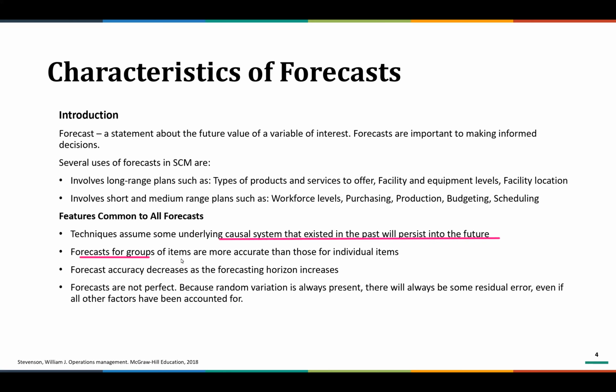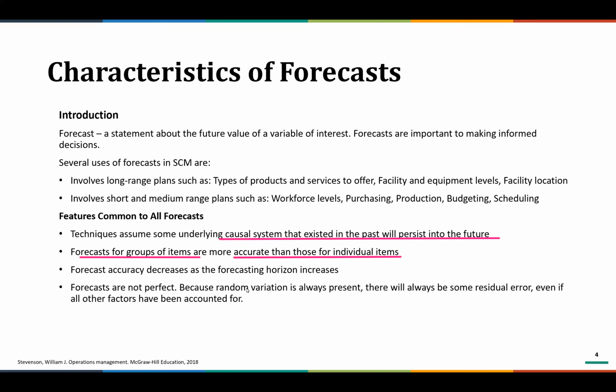Second, forecasting for groups of items will be more accurate compared to forecasting for individual items. For example, if you are asked to forecast the demand for sedan cars, it will be much easier to forecast for the group of items, all the sedan cars, instead of being asked what the forecast will be for a sedan car with a red color.